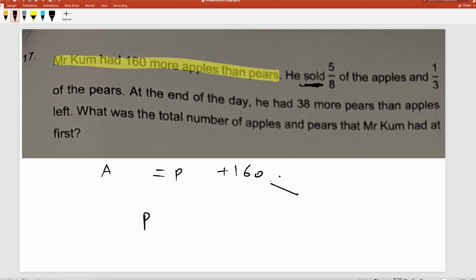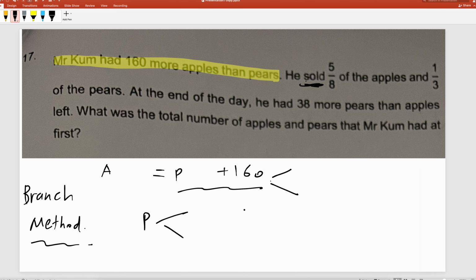这个叫做树枝方法, I call it the branch method. Next statement: he sold 5/8 of the apple. In mathematics, "of" means times, 乘.